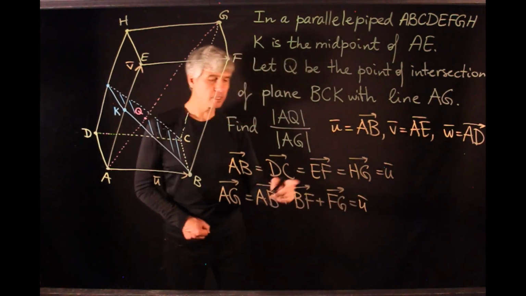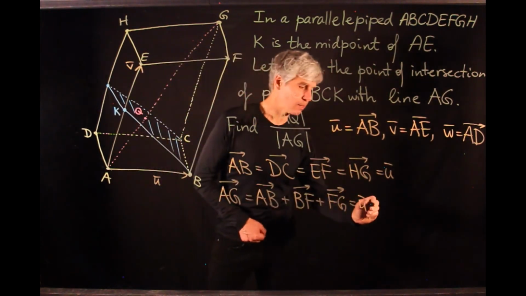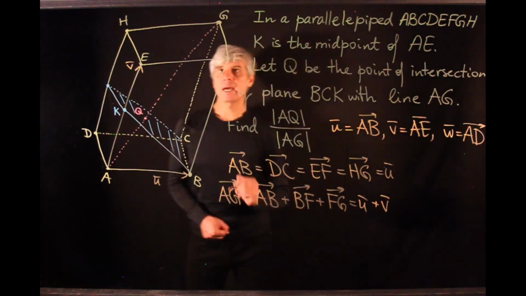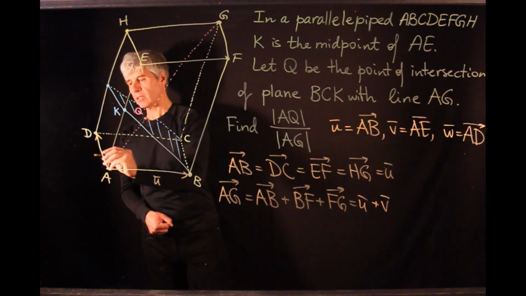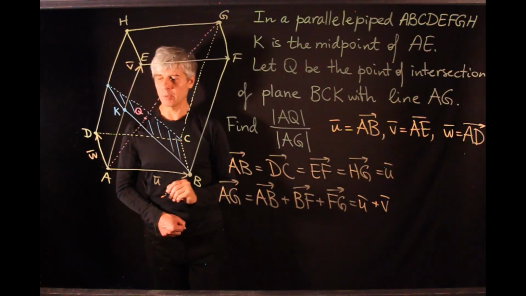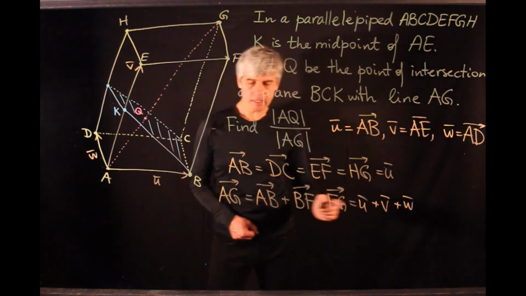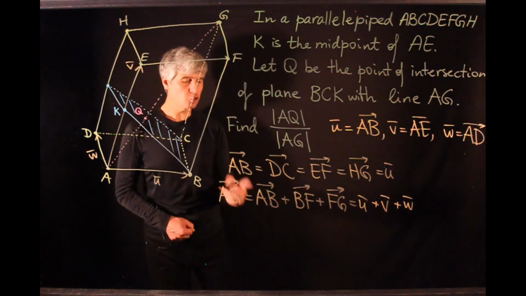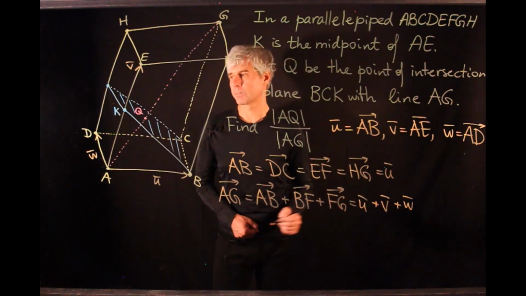BF is equal to AE, so this is vector v. And the vector GF is equal to the vector AD, which is our w. And what we get is that the diagonal AG is equal to u plus v plus w.